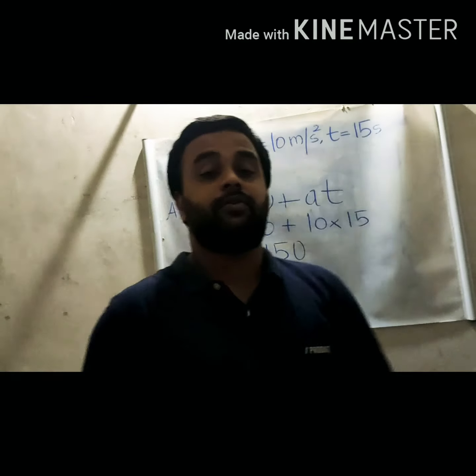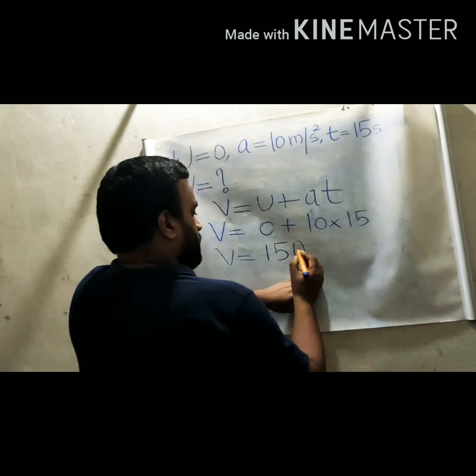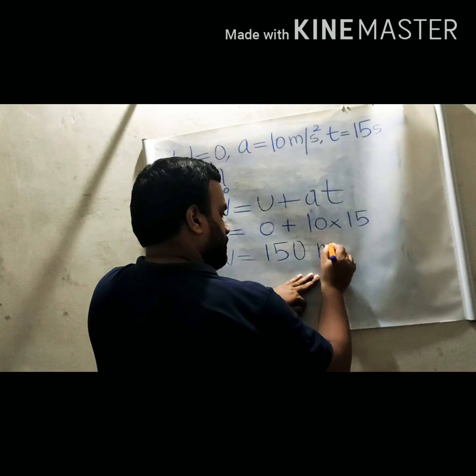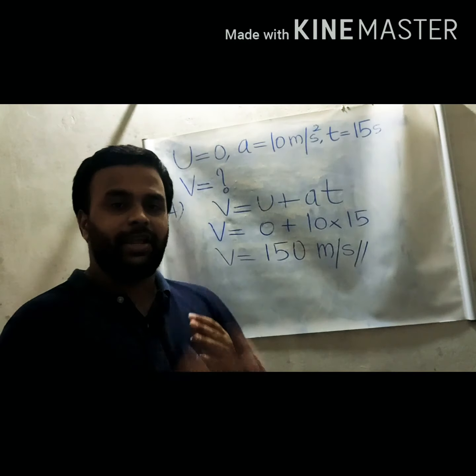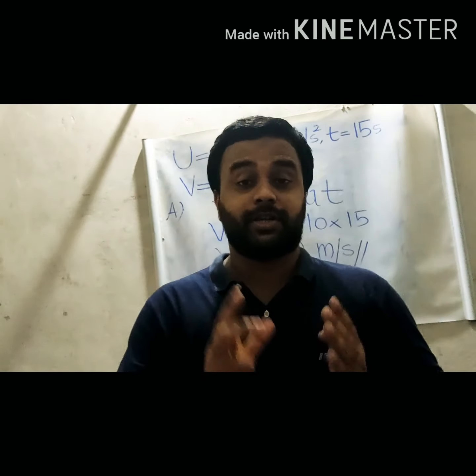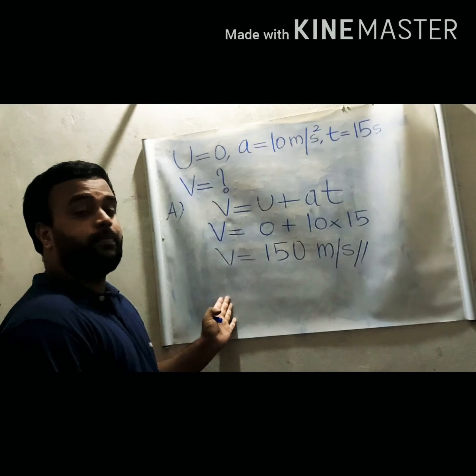Do you know what the unit of velocity is? The unit of velocity or speed is meter per second. So finally we got the answer: velocity v is equal to 150 meter per second.